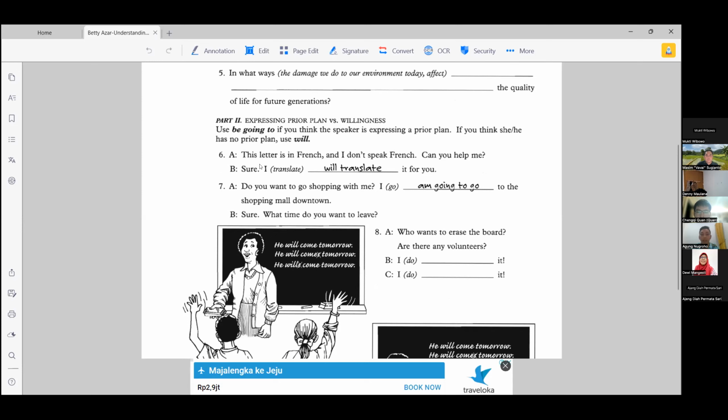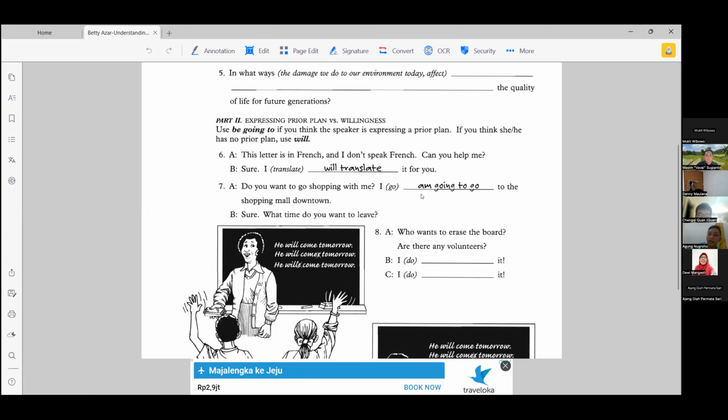So the thing is, this guy, B, has a willingness to provide his time to do the translation, right? And then this one: "Do you want to go shopping with me? I'm going to go to the shopping mall downtown." "Sure, what time do you want to leave?"